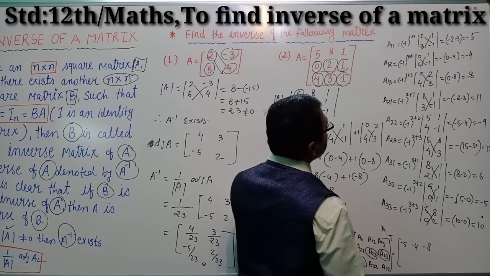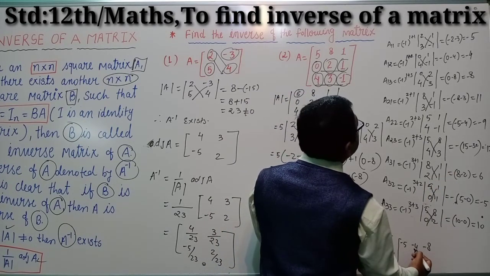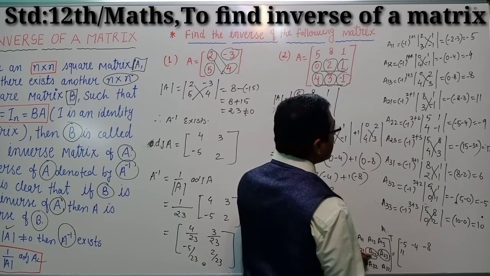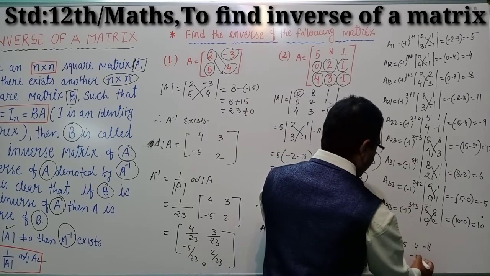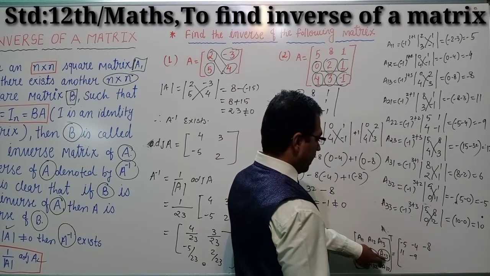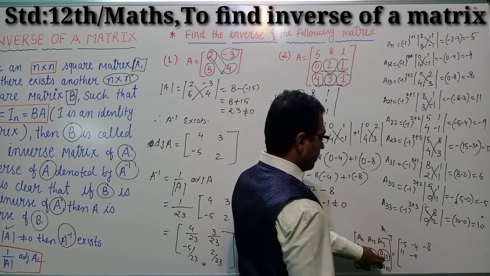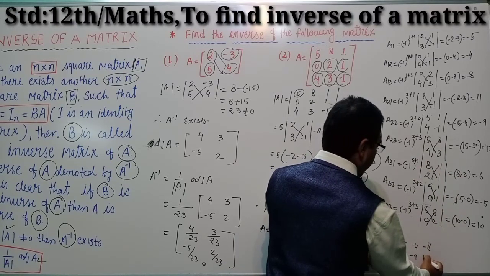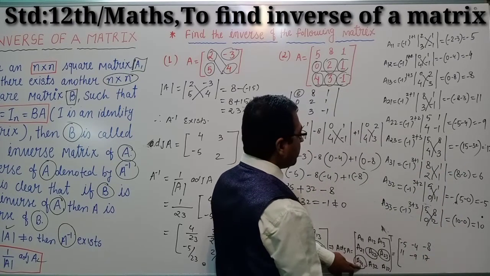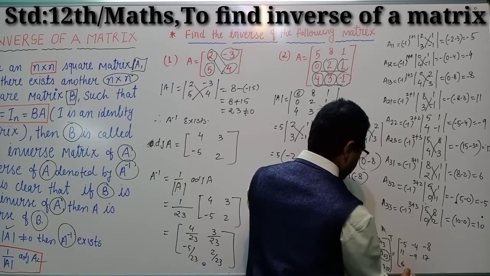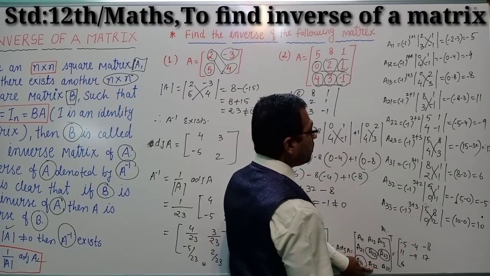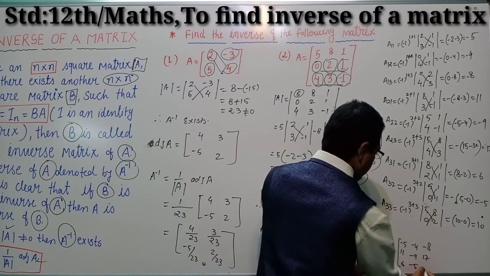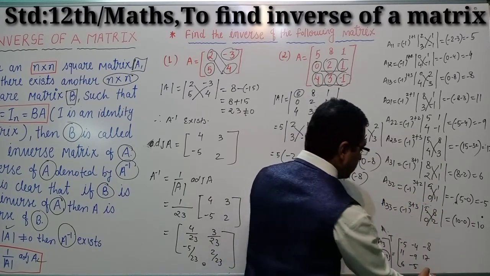A21 11, A22 minus 9, A23 17, A31 6, A32 minus 5, A33 is 10.